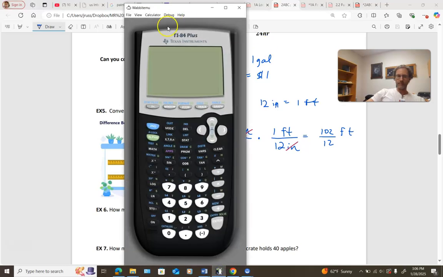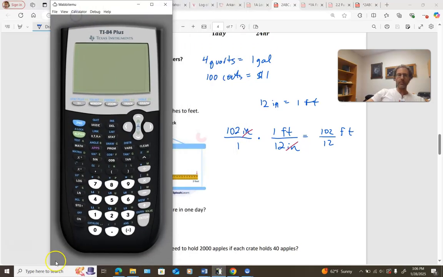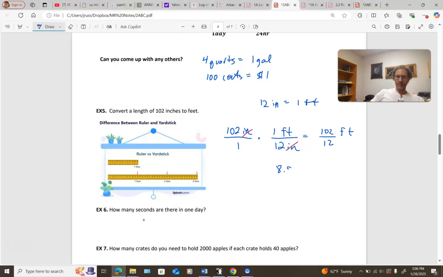In your homework, it'll tell you to what decimal place or place value to round. So 102 divided by 12 gives us 8.5. So this is going to become 8.5 feet.